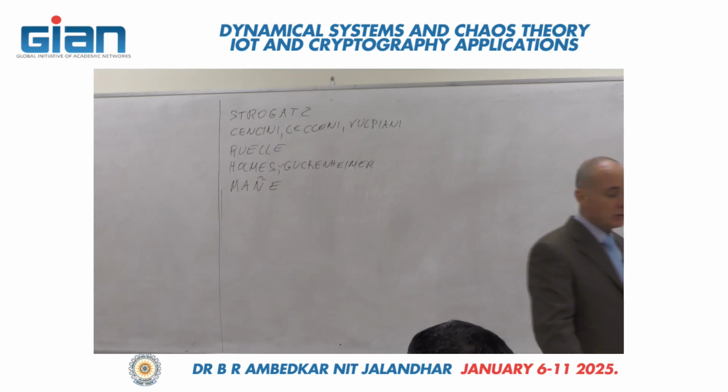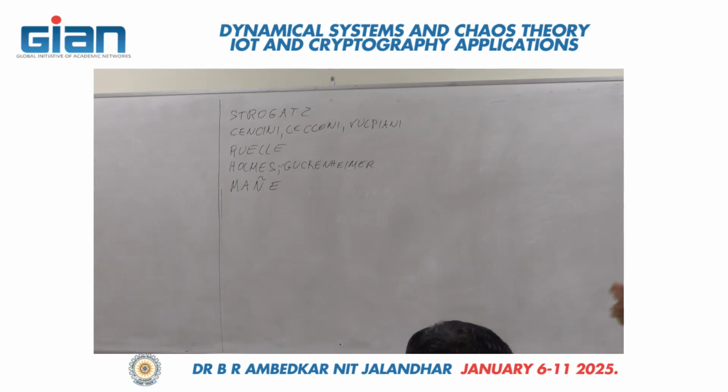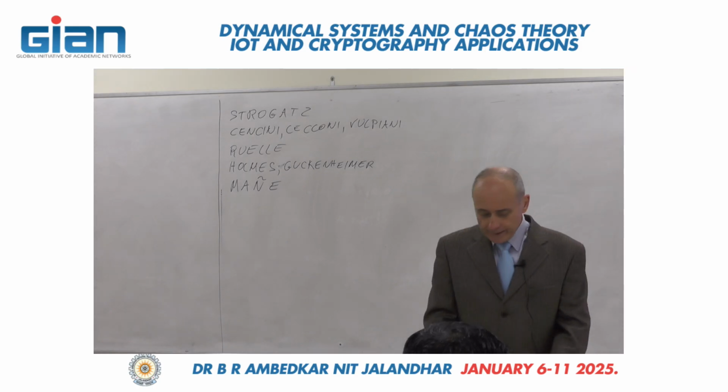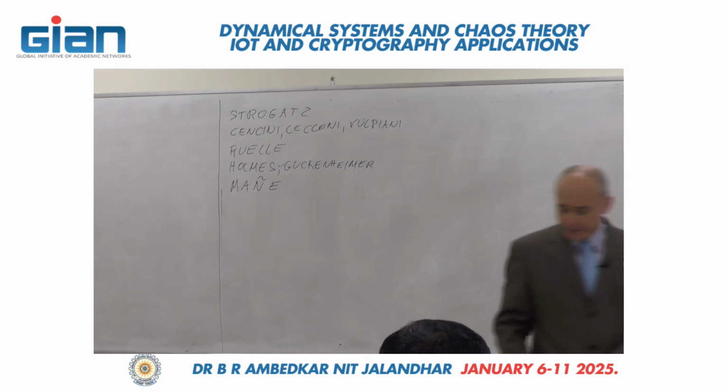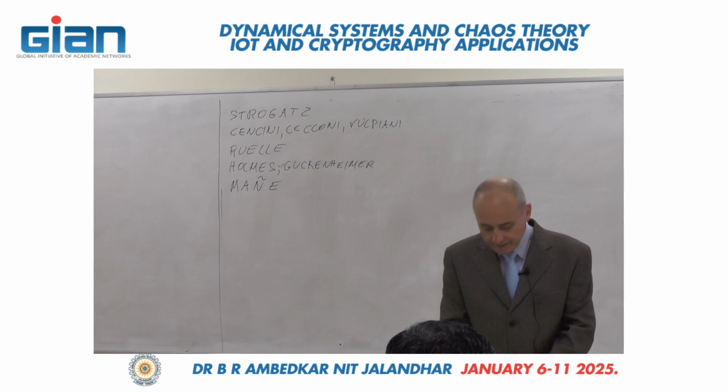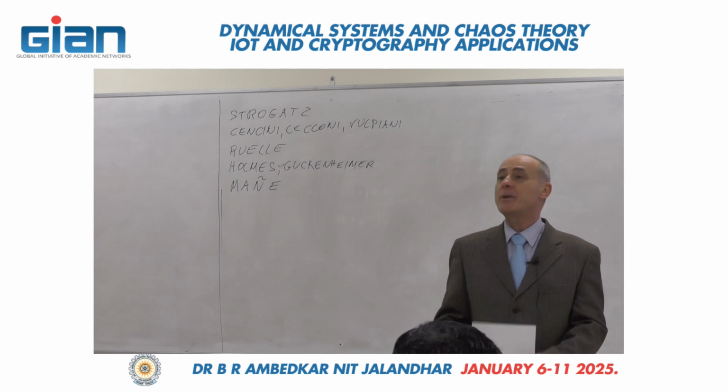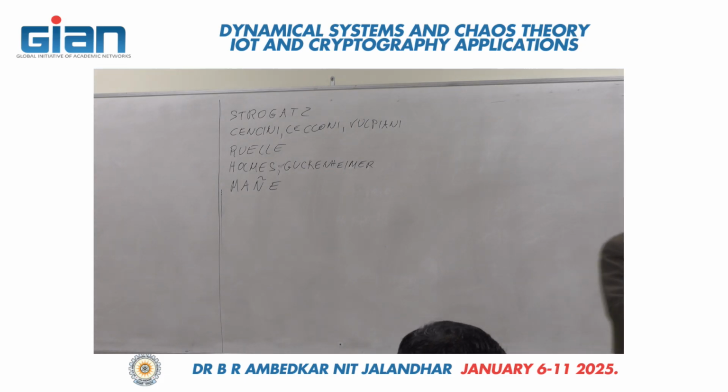Okay, so now what I want to do is to start to build this probabilistic or statistical theory of dynamical systems. Okay? And I gave you the motivation at the end of the previous class. The motivation is that when dynamics get too complicated, you cannot make predictions.